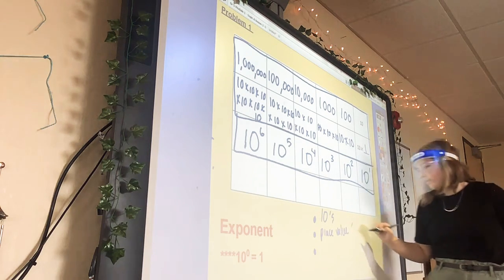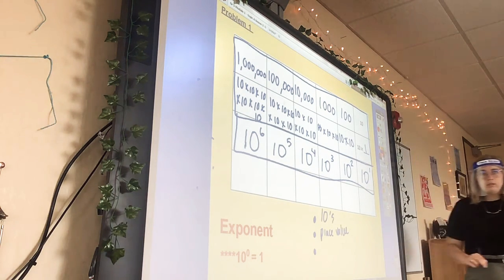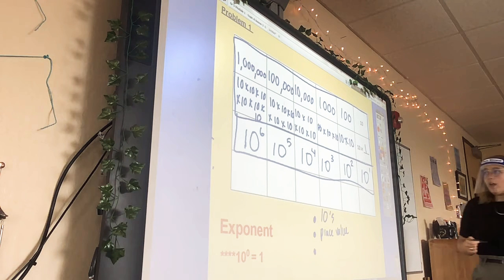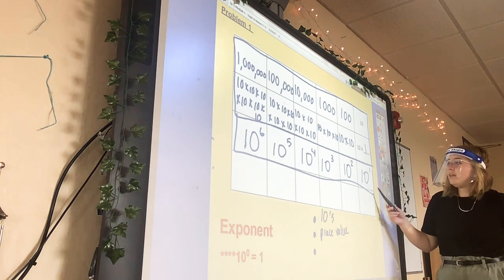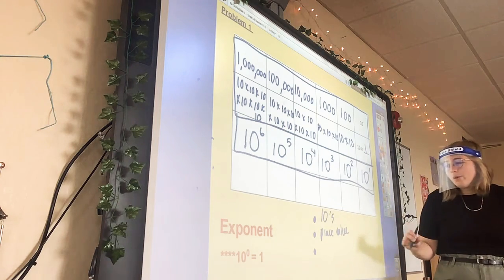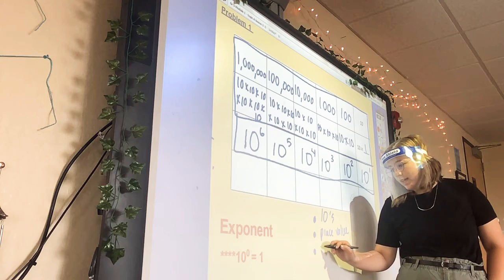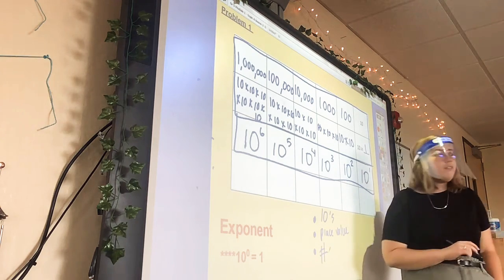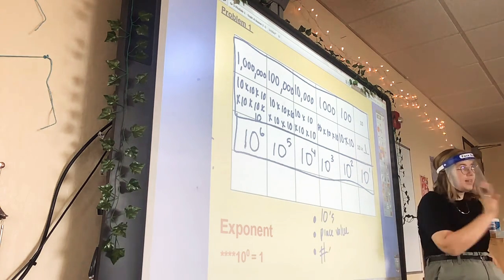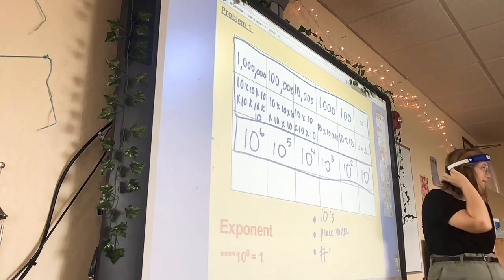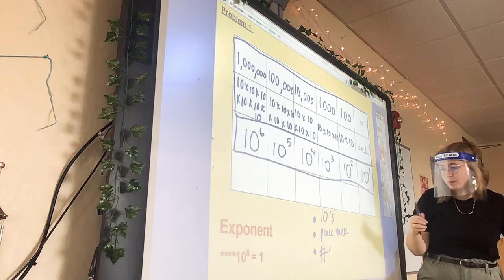Can you draw a picture of a place value disc for abbreviation? As long as you know that that's what it is and it's not like a dot or a period, yeah. Okay. I'm gonna put a 10 on my disc. And then I also want you to write something like this. If it makes sense to you to write it a different way, that's fine. Remember, your notes are for you. I don't care how you write it, as long as it makes sense to you.